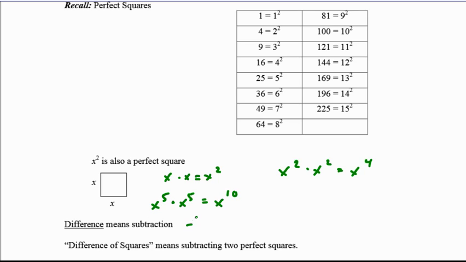This means that our brackets are going to look like this: x minus a times x plus a, where a is the same term. So, in other words, a squared equals a times a.